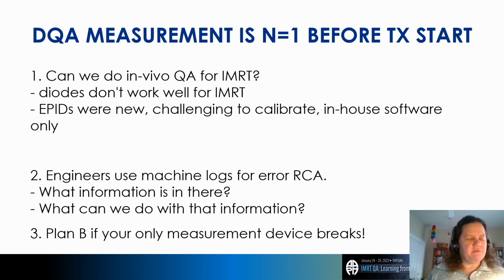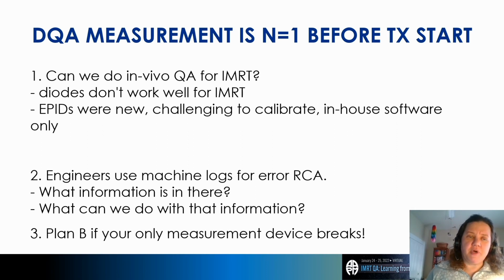So based on what we used to do for 3D, we were thinking, well, can we do in vivo QA for IMRT? Diodes didn't quite work well for IMRT, obviously. And at the time IMRT was implemented in the clinic, EPIDs were new, challenging to calibrate, and in-house software was the only option to get fluence maps out of them.